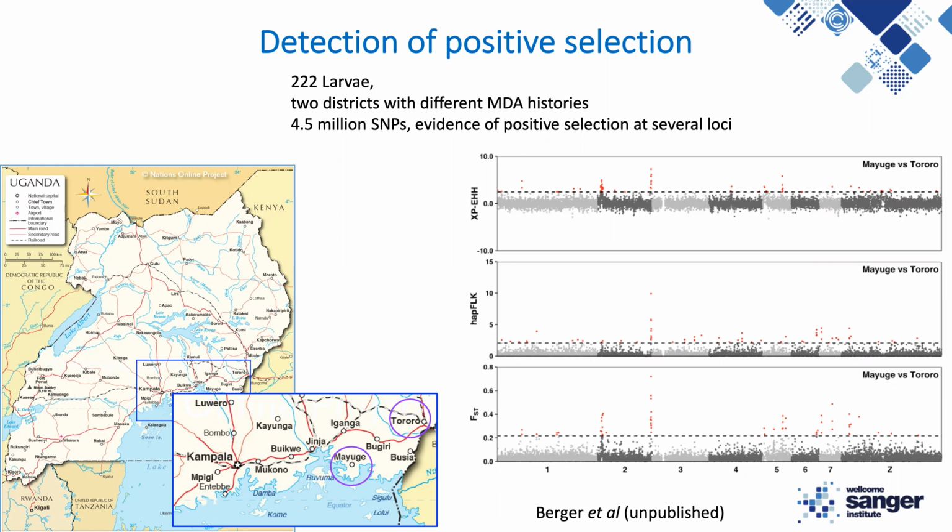From about 4.5 million SNPs, putative signals of positive selection were calculated based on genetic differentiation, bottom panel, and 2 methods for looking at conserved regions of the genome that have not been broken up by recombination. The distance between these 2 districts is a potential confounder, but it is at least tempting to speculate that these signals that we're seeing are actually positive selection due to differences in MDA pressure.